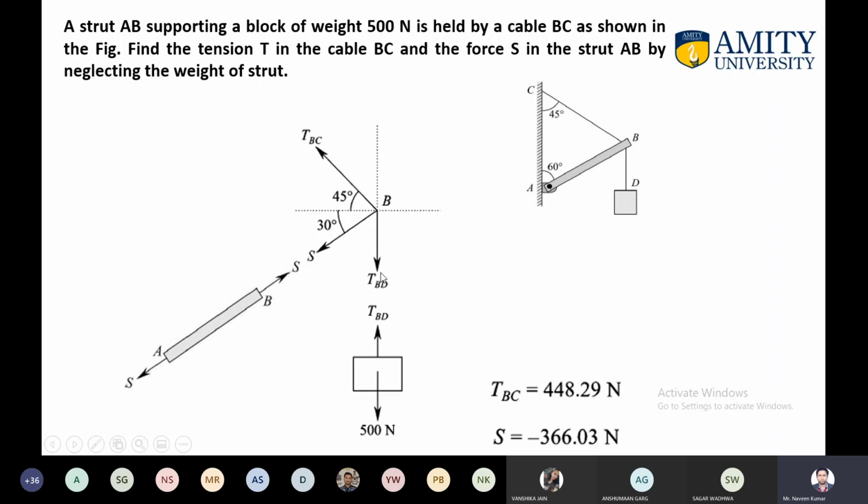So I think you can do this problem. Either you can apply Lami's theorem here, or you can apply resolution of forces.